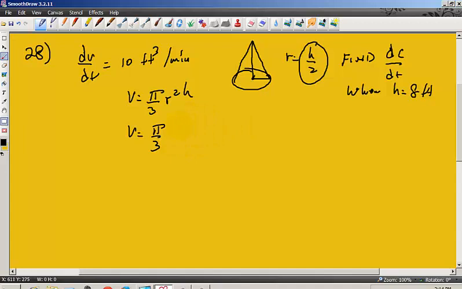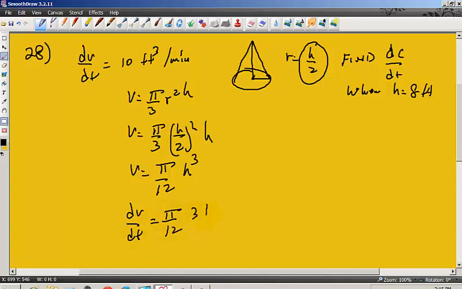We'll go that way, since we've been doing that. V is equal to pi over 12 h cubed. When I take the derivative of this, I get dv dt is equal to pi over 12 times 3h squared times dh dt, which simplifies to pi over 4 h squared dh dt.